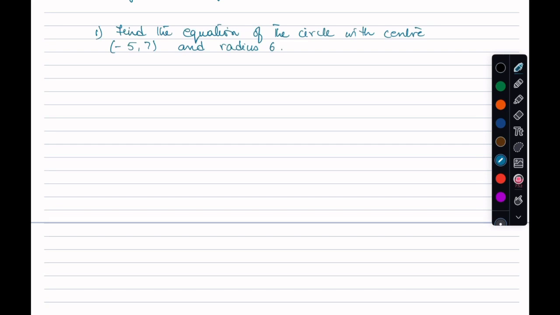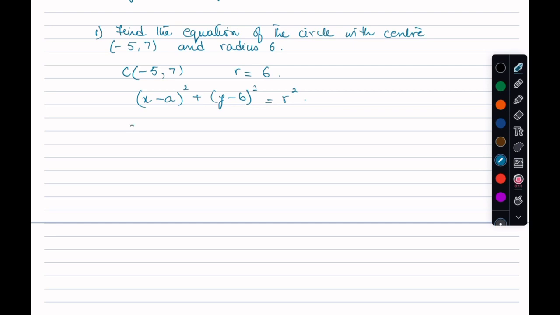Find the equation of the circle with center -5, 7. I have the center, which is -5, 7, and I have been given the radius, which is 6. I know that the general form of the equation is (x minus a) the whole square plus (y minus b) the whole square equals the radius the whole square, where a and b are the center coordinates of the circle.